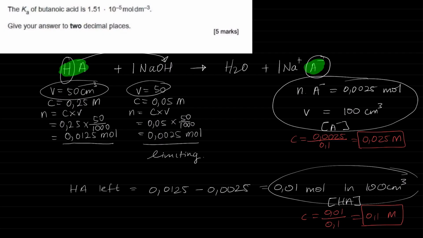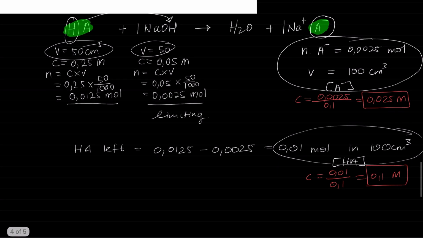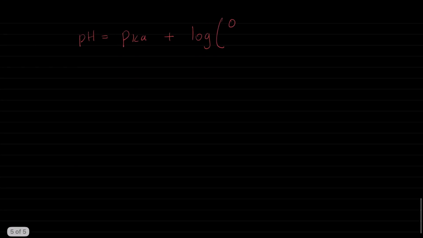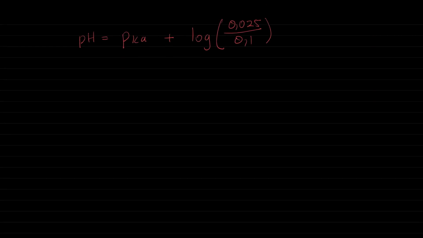Now we have all the information that we need to use the Henderson-Hasselbalch equation to calculate the pH. So to calculate the pH, we're going to say pH is equal to pKa plus log, and we know the concentrations now. So the concentration of my conjugate base is going to be 0.025 divided by the concentration of my acid, which is 0.1, and we need to calculate the pKa value.